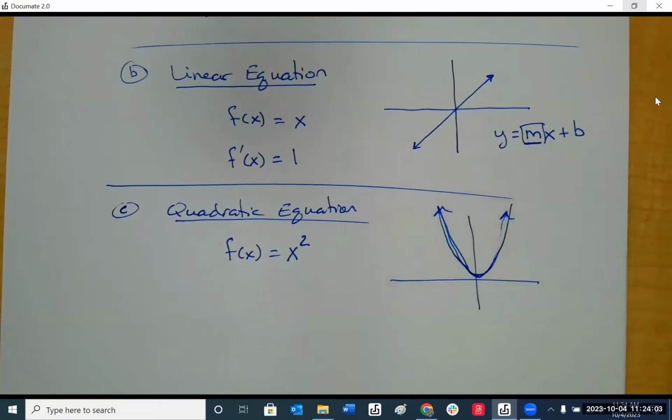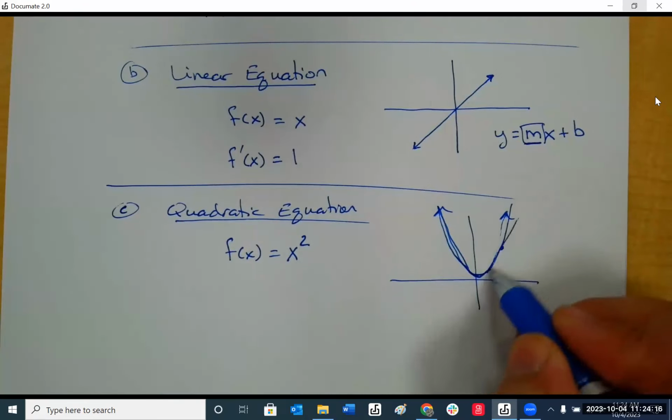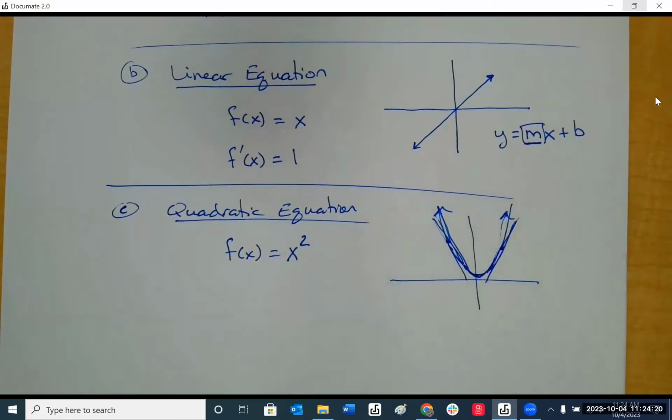So that's what x squared looks like. It's a parabola. The slope of a parabola changes depending on what point we're looking at.